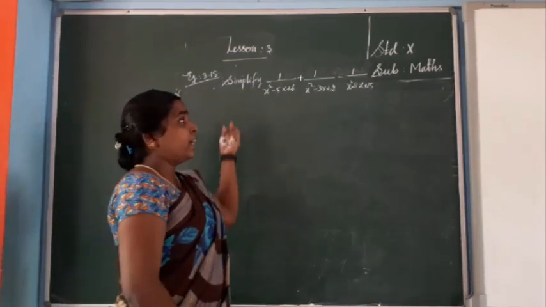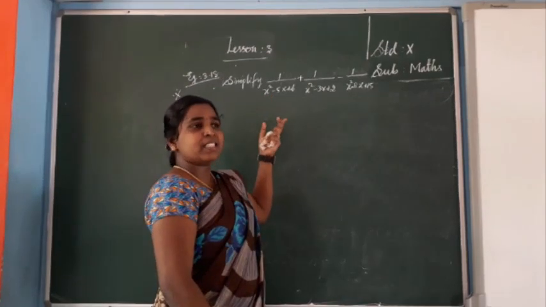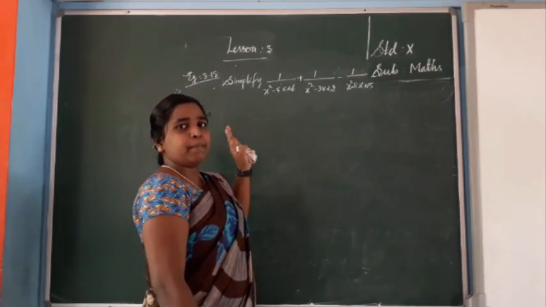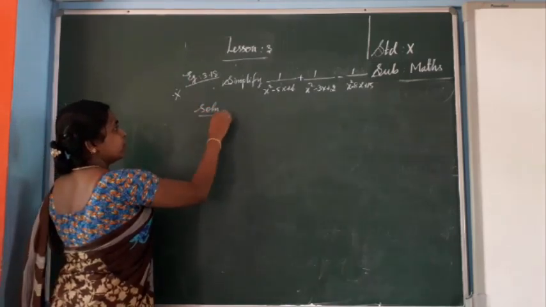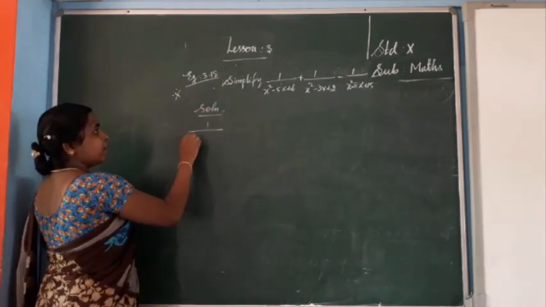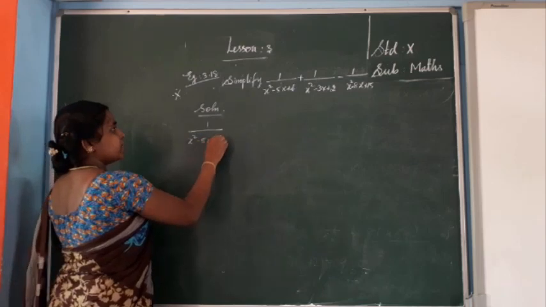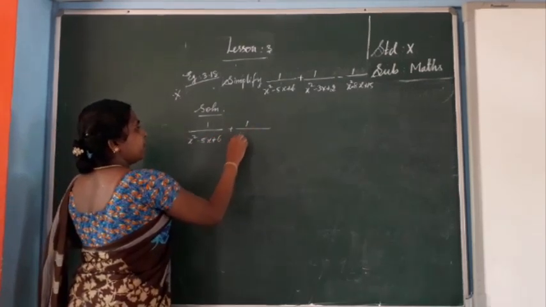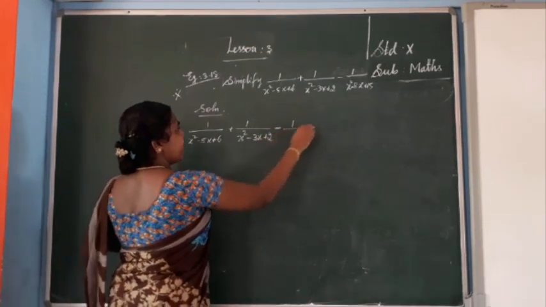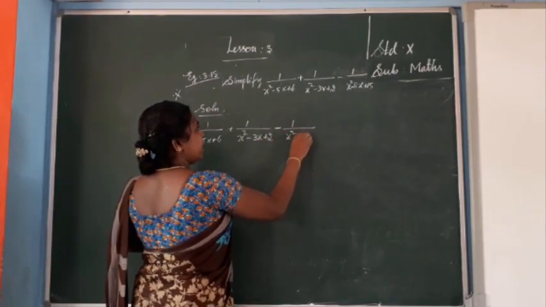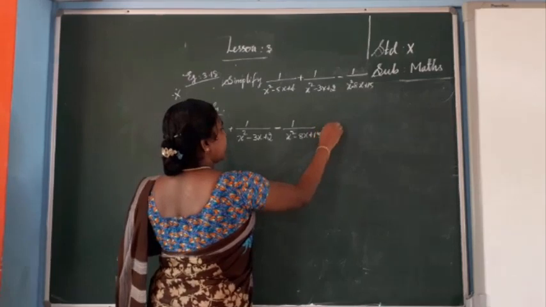If you know factorization and LCM, this is very simple. Now you can do 1 by x square minus 5x plus 6 plus 1 by x square minus 3x plus 2 minus 1 by x square minus 8x plus 15 equal to.